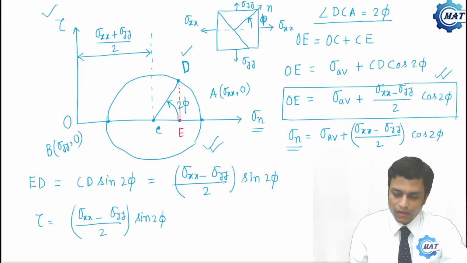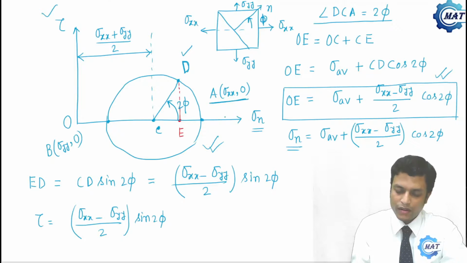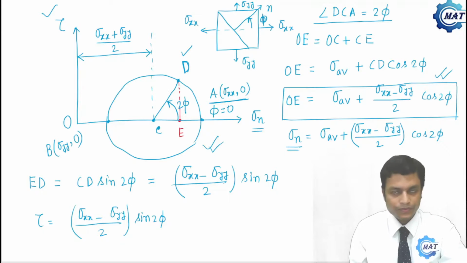Now let me show you another point, that is point A coordinate. Point A coordinate is sigma xx comma 0. That is point A representing the stress state at a point where phi equals 0.